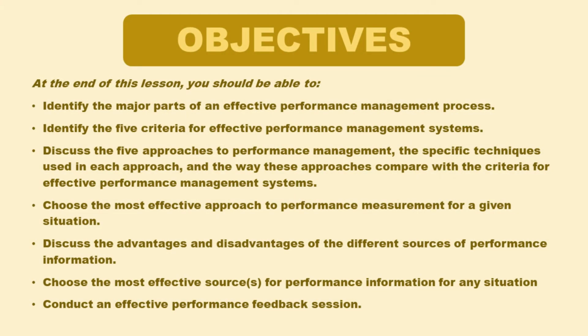Fifth, discuss the advantages and disadvantages of the different sources of performance information. Sixth, choose the most effective source or sources of performance information for any situation. Lastly, conduct an effective performance feedback session.